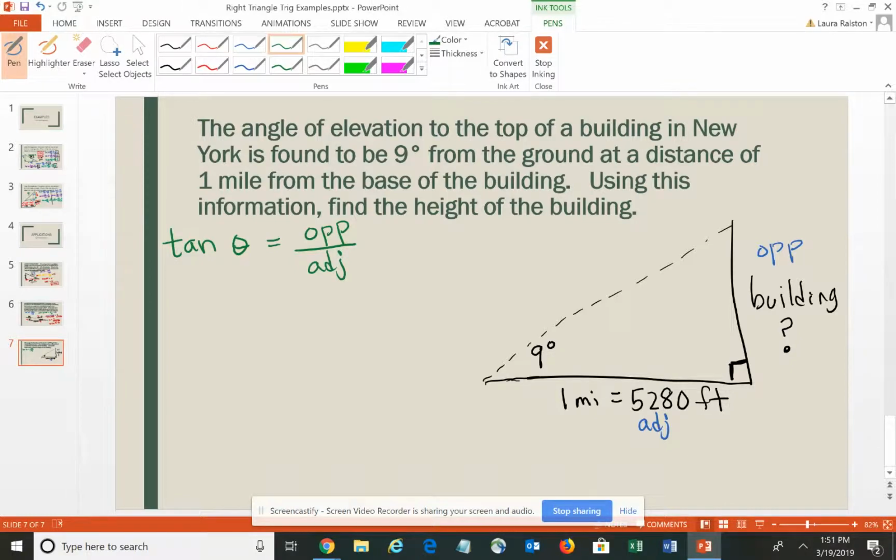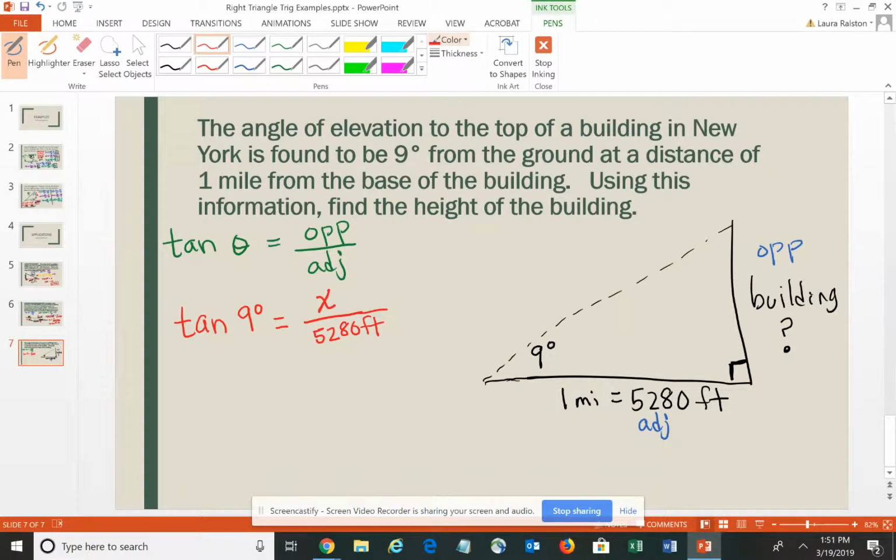And so then I can plug in the information that I have. I have the tangent of 9 degrees is the opposite side, which is the piece that I'm looking for, over 5,280 feet. I'm going to do it in terms of feet rather than miles.